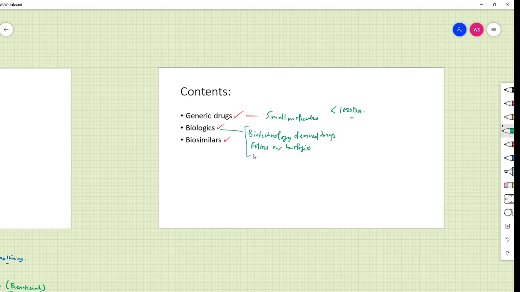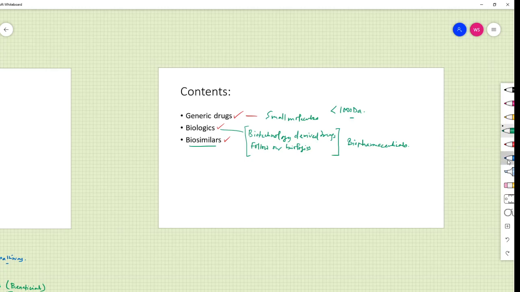They are basically biopharmaceuticals. And then we talked about biosimilars. We said that they are not bio-identical, they cannot be interchanged, and we talked about lots of aspects of biosimilar drugs.